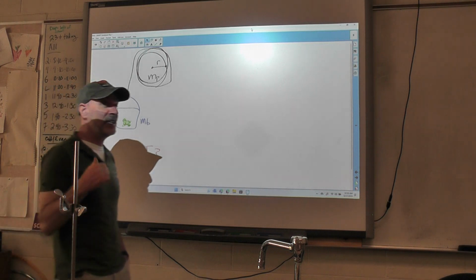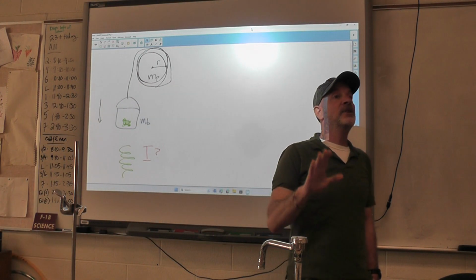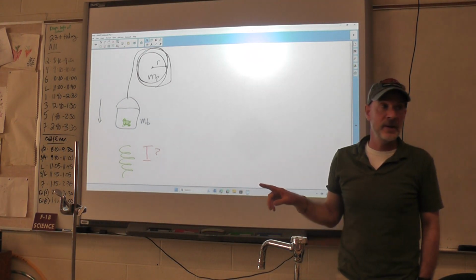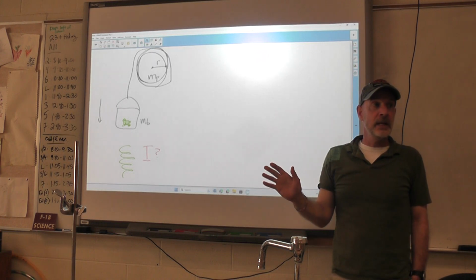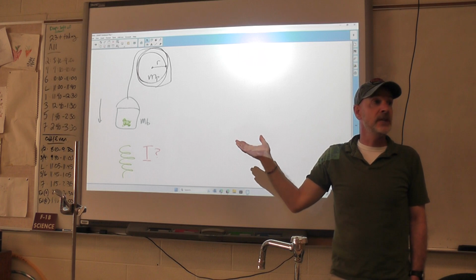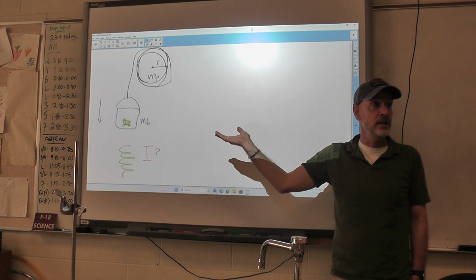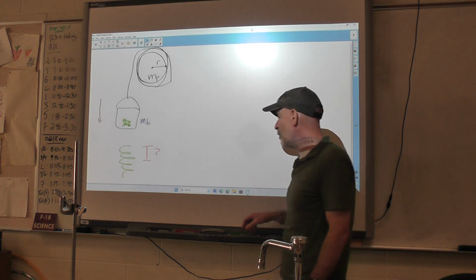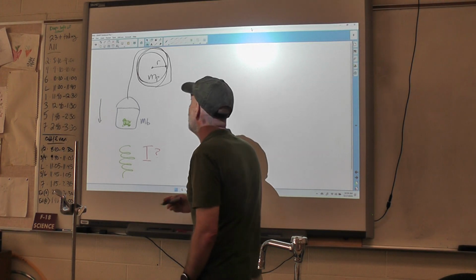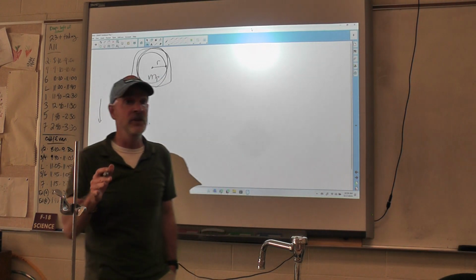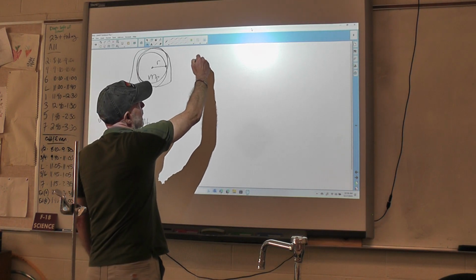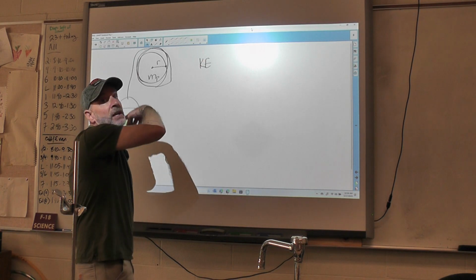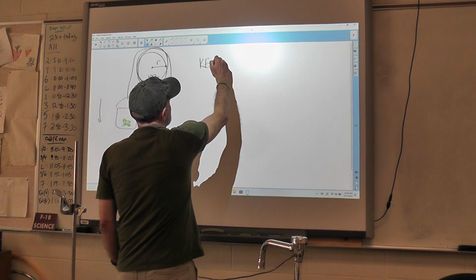All right, so this is a super problem. There's a few different things that we have to think about here. The first is that largely you will have all the tools that you need to solve this problem. Is it starting from rest? Yes. Okay, so in this case we're going to have conservation of mechanical energy. There's no kinetic energy initially, but if there was, that would be one of our starting conditions.